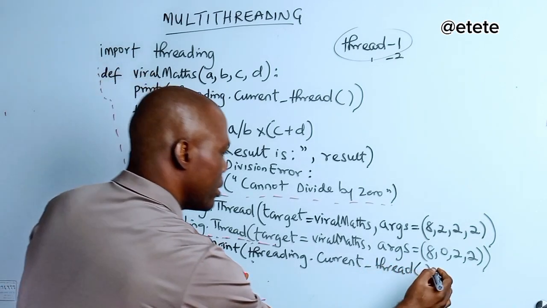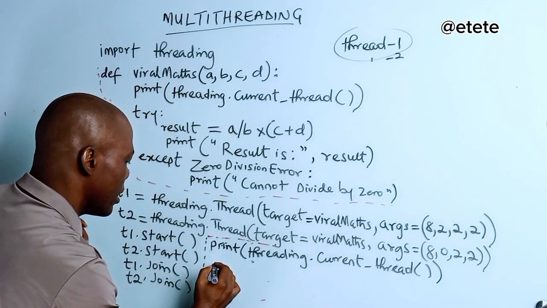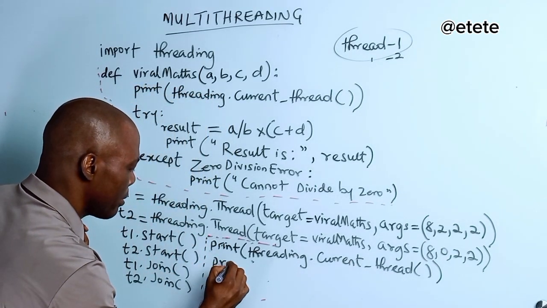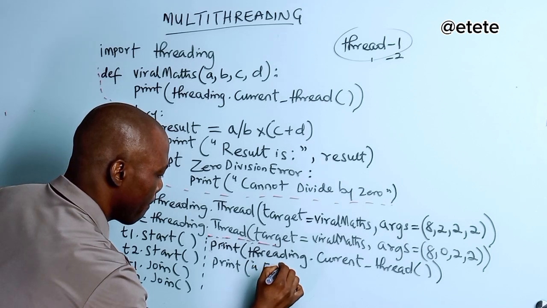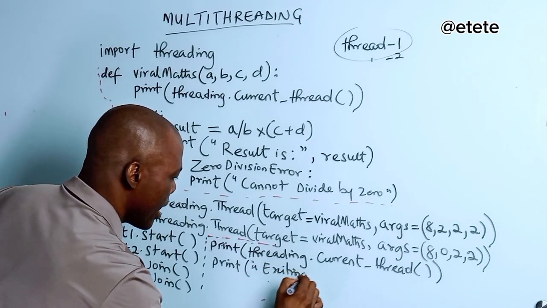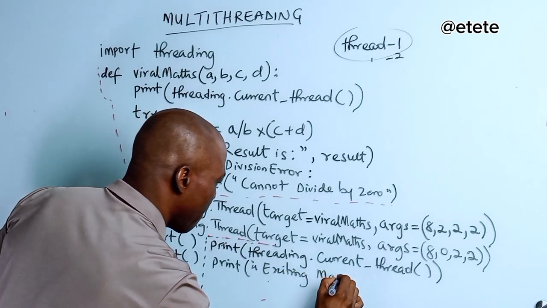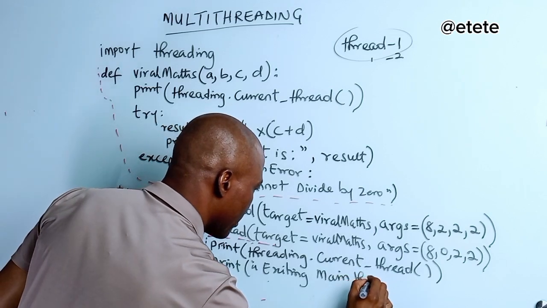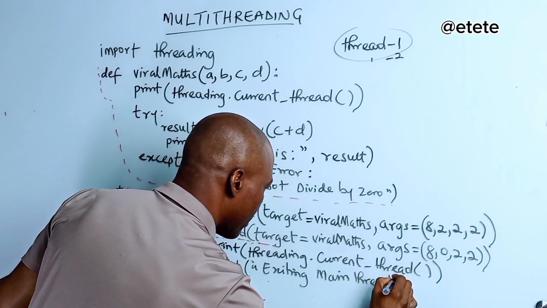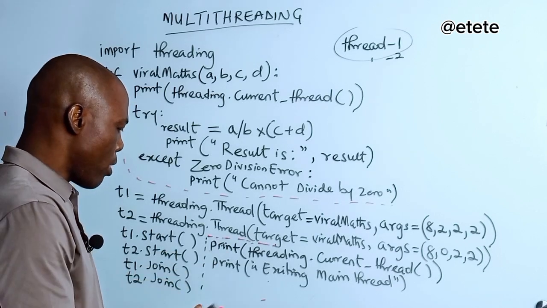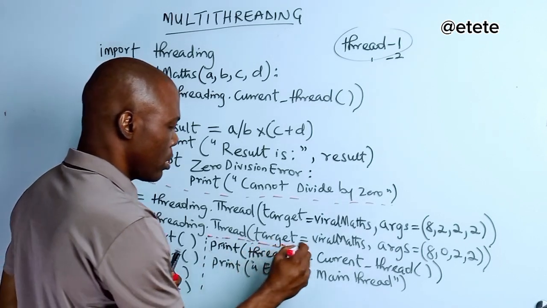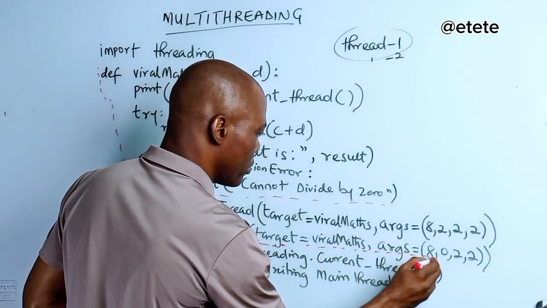Now, print this. So when I say should print this, then I will now say print exiting main thread. Now, this one, what it will do, so let me close this for you to see.